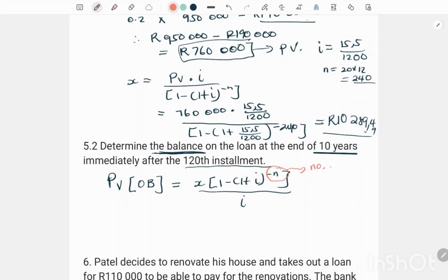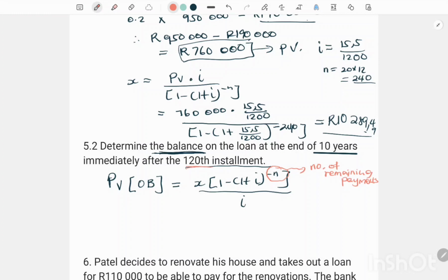But now, ladies and gentlemen, this n, for outstanding balance, is the number of remaining payments. How do you get the number of remaining payments? Remember, they said at the end of 10 years, immediately after the 120th installment.